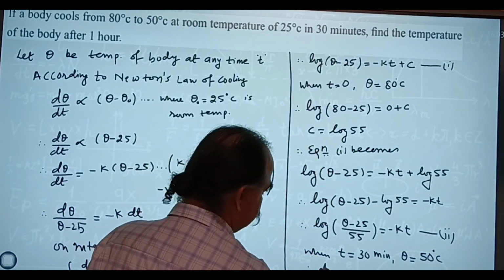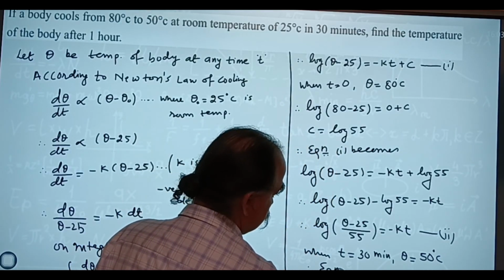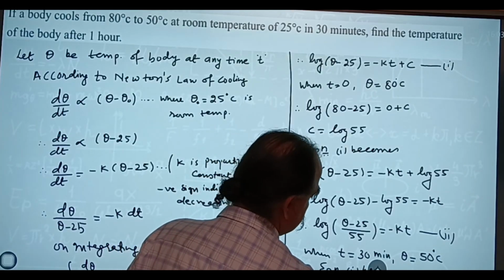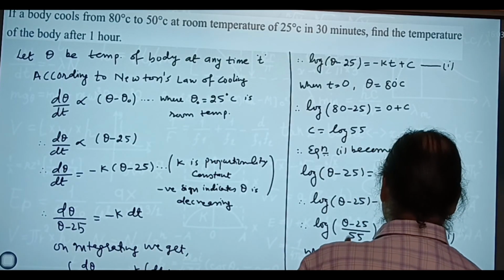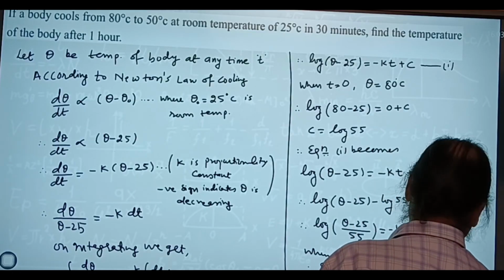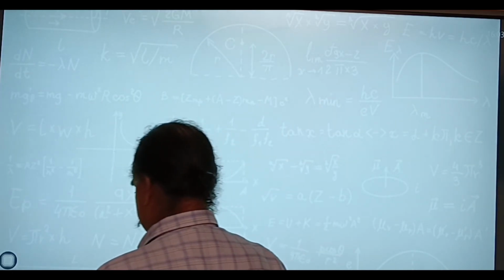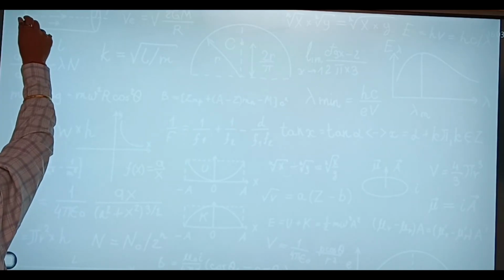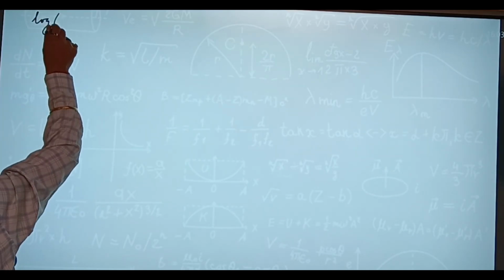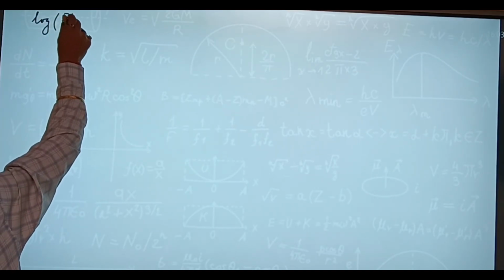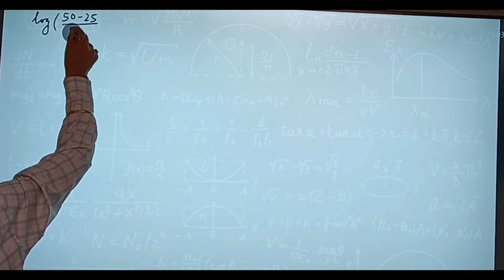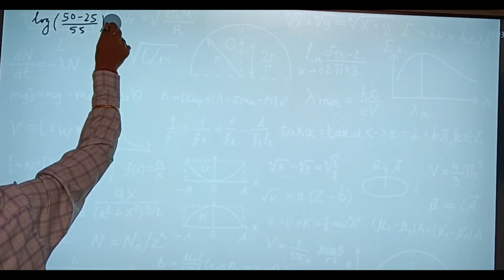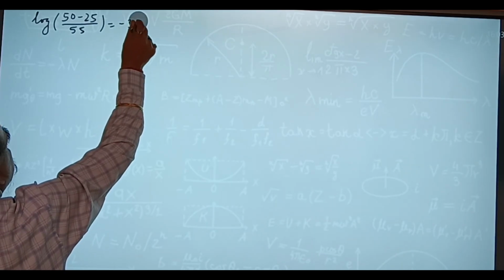Therefore, equation 1 becomes log of (50 minus 25) upon 55 is equal to minus 30k.